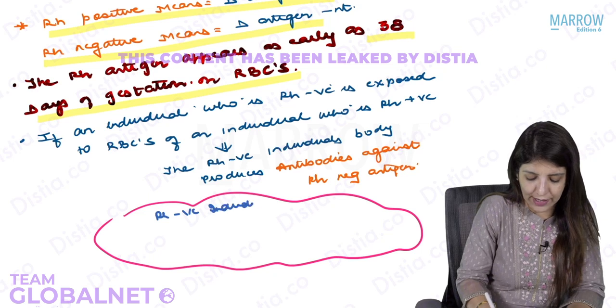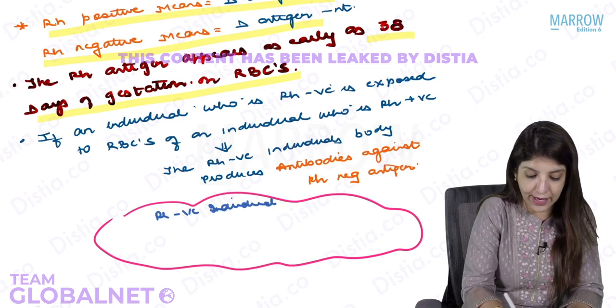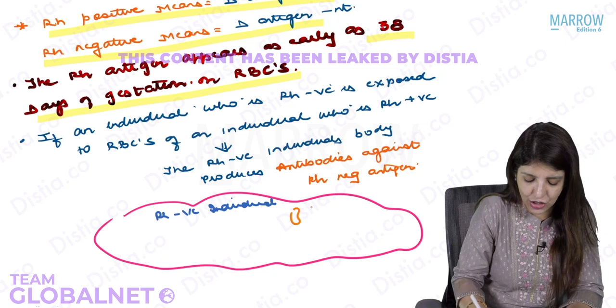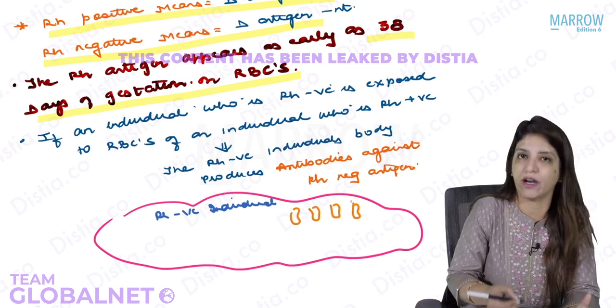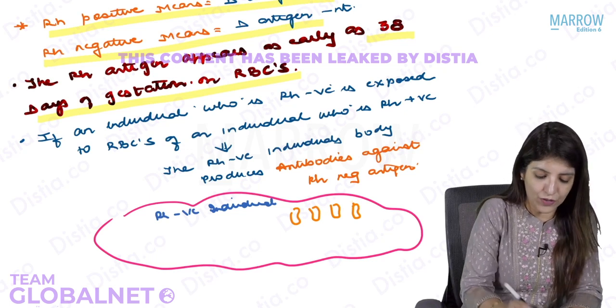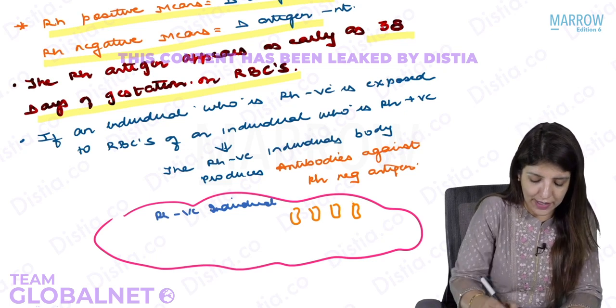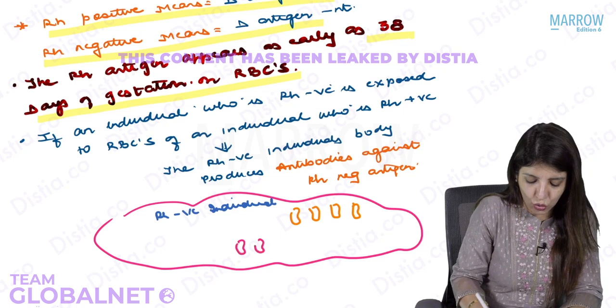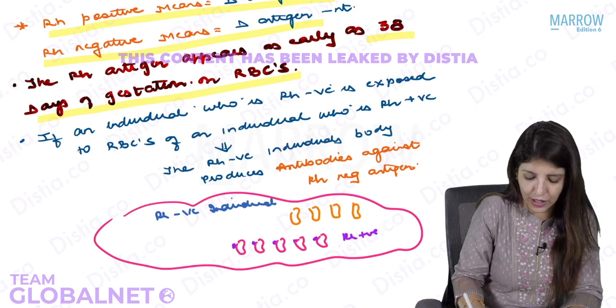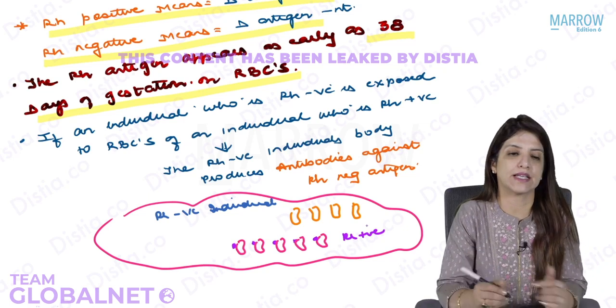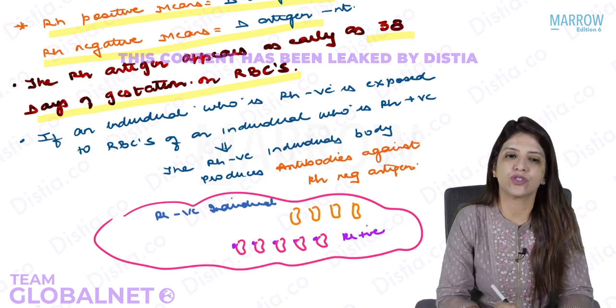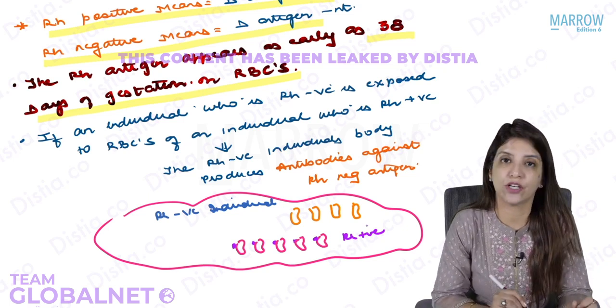The RBCs in an Rh negative individual do not have any D antigen or any Rh antigen. Now all of a sudden, this individual is exposed to RBCs which have Rh antigen. So this is Rh positive blood which has come inside the circulatory system of the Rh negative individual.